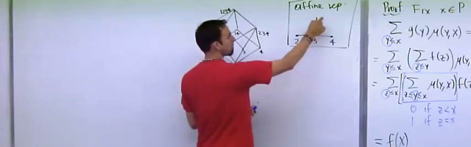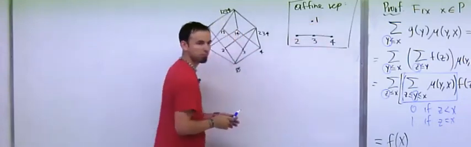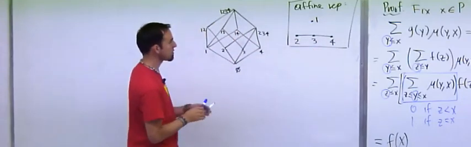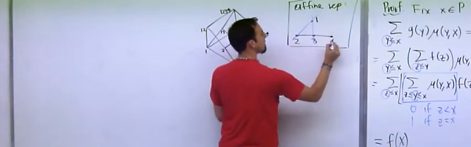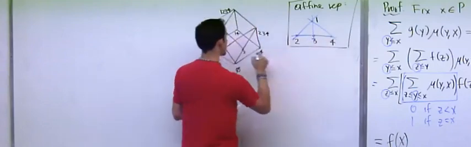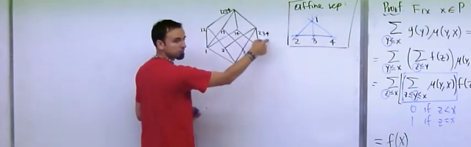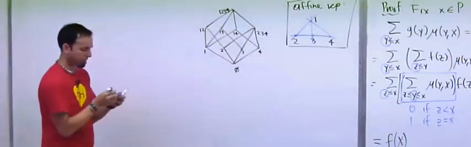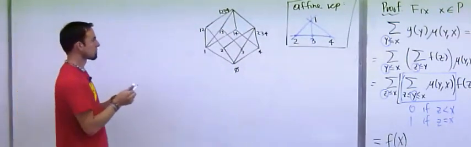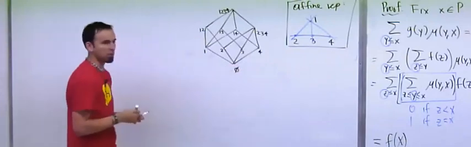So the points are 1, 2, 3, and 4. What are the lines that you can draw in this picture? 1, 2, 1, 3, 1, 4. 2, 3, 4. What is the plane that you can see? 1, 2, 3, 4. The same one we keep talking about.